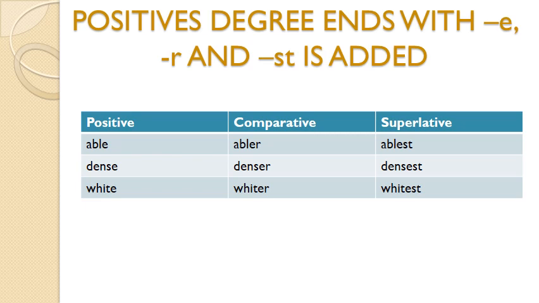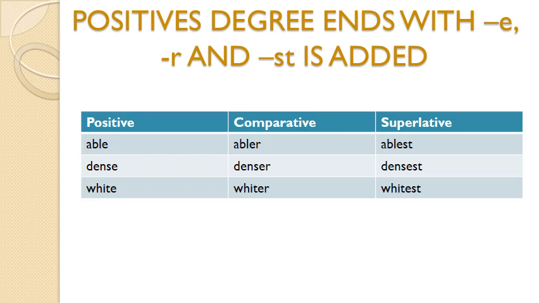The example is given here: able. Here, e is present at the end of the positive degree of adjective. So we are just adding r to make it a comparative and st to make it a superlative degree.